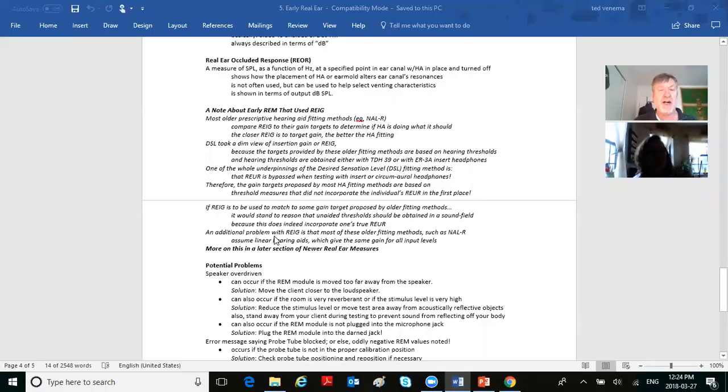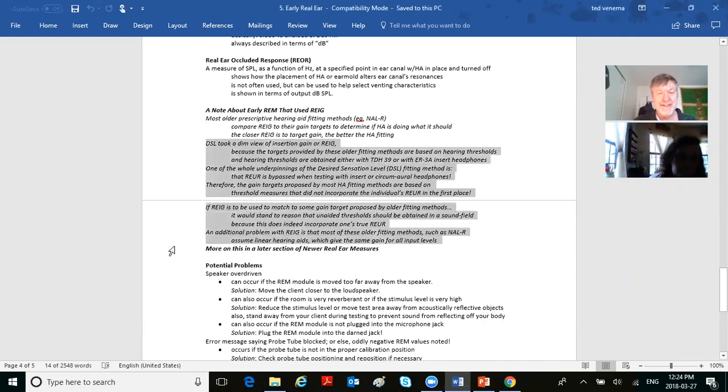But if you didn't do your hearing test in a sound field, what are you doing? So this paragraph right here in your notes is italicized for a reason. This is very important because this is what translated yesterday's real ear into today's real ear.